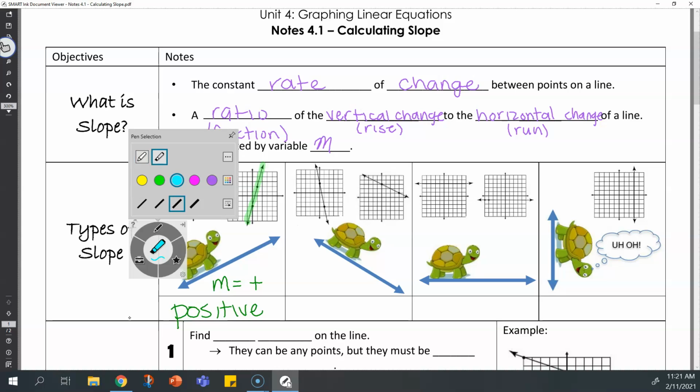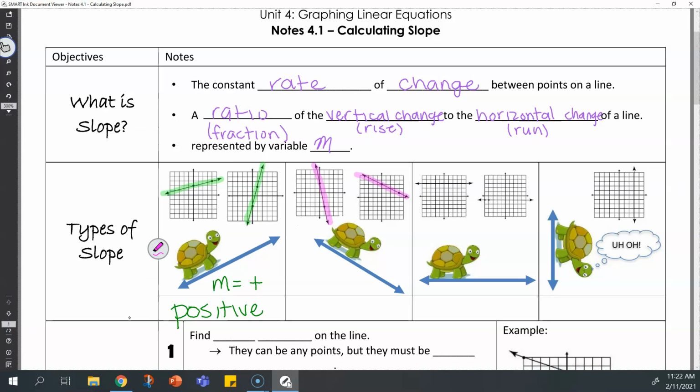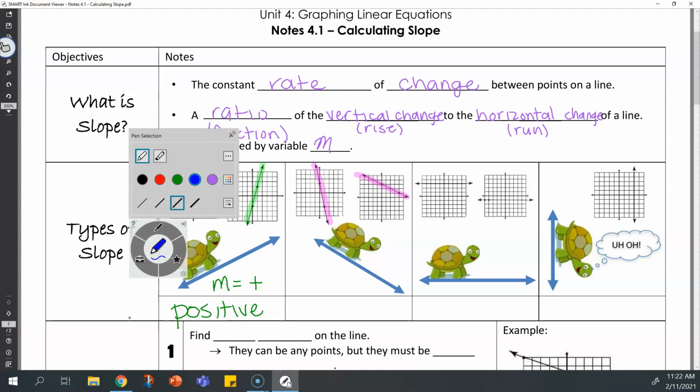Conversely, we also have a negative slope. As I move left to right, the line is falling. Again, it might be really steep, like we see in this first example, or it might be more gradual, but as I move left to right, I'm going down and down and down. This again is called a negative slope.